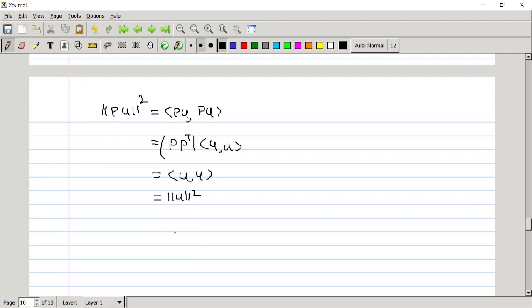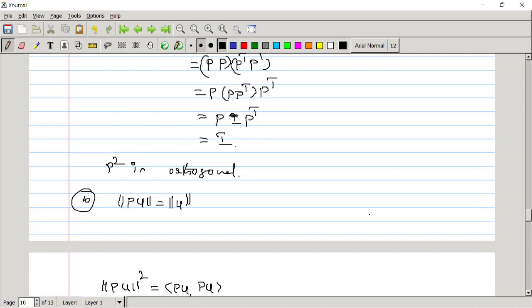Here the norm is a positive quantity. Whenever the squares of two positive quantities are equal, we can say those two quantities are equal. So by that property, norm of PU is nothing but norm of U for every U belonging to the inner product space V.